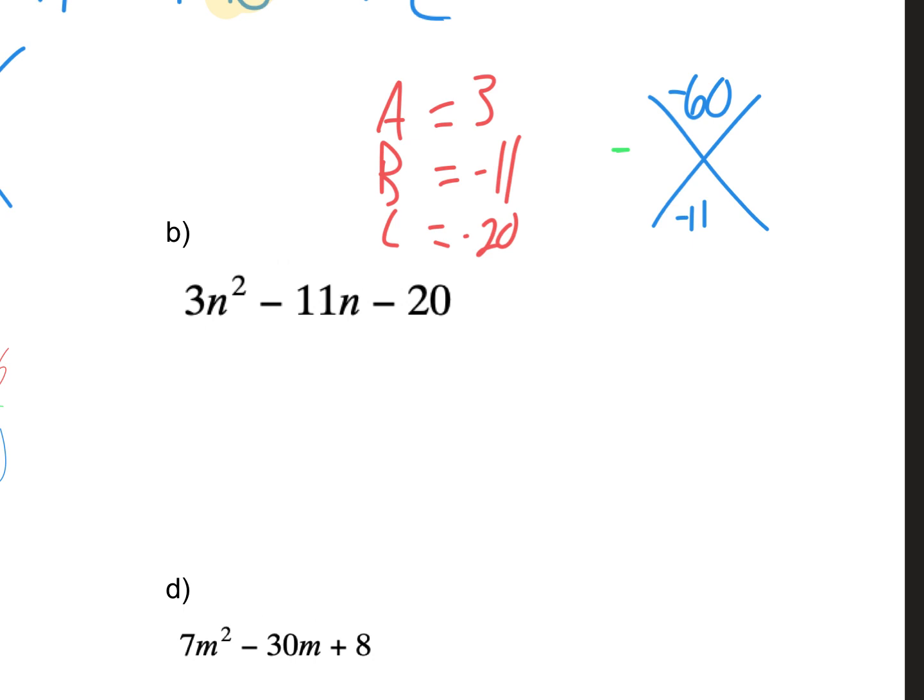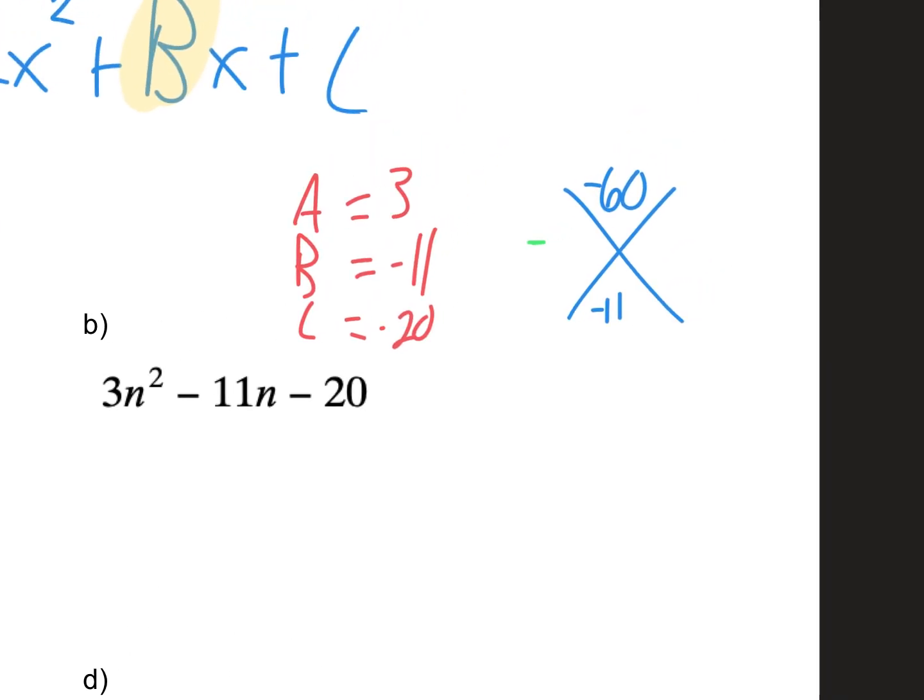If we do some guess and check, we can maybe figure it out, or if you want, you can list out the factors. So 1 times 60, 2 times 30, 3 times 20, 4 times 15, 5 times 12, and 6 times 10.